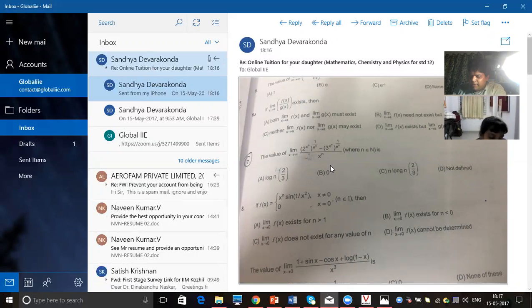So limit as x goes to infinity, (2 to the x to the n, whole to the 1 by e to the x, minus 3x to the n, whole to the 1 by e to the x), divided by x to the n, where n is a natural number, is a) log n times 2 by 3, b) 0, c) n log n to the 2 by 3, d).